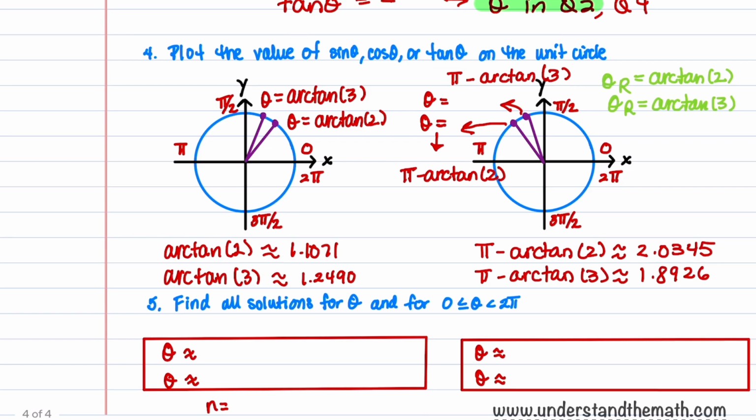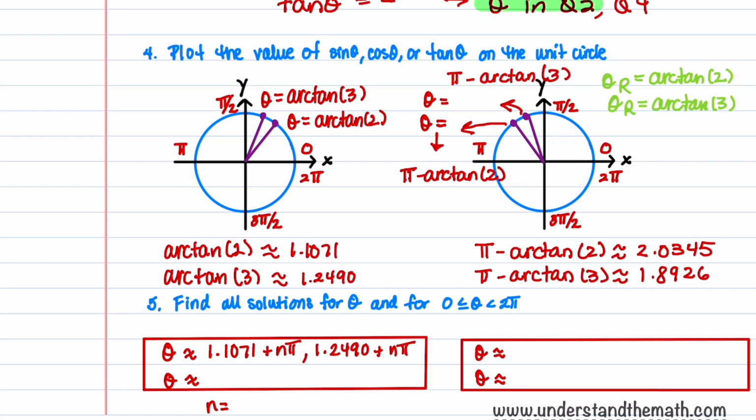Let's now summarize our solutions. Theta is going to be 1.1071 plus n pi, and then it's going to equal 1.2490 plus n pi.